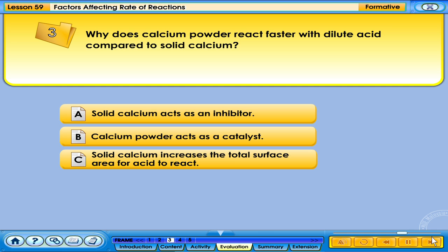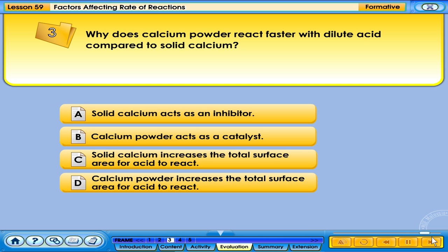C. Solid calcium increases the total surface area for acid to react. D. Calcium powder increases the total surface area for acid to react. Your answer is correct.